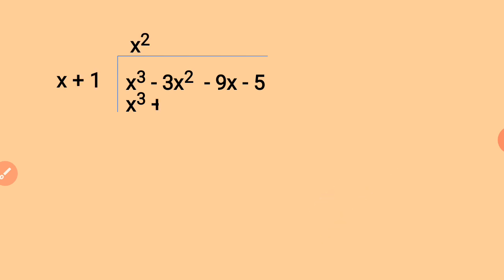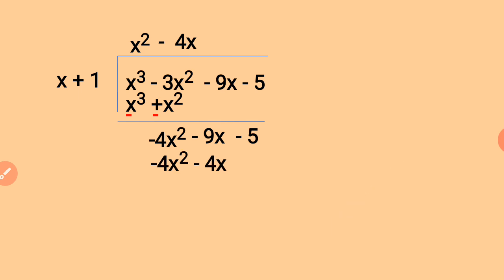Division yields you x square as the first term. Proceed with the division step by step. The second term of the quotient is minus 4x. Once you subtract, you get the polynomial as minus 5x minus 5.